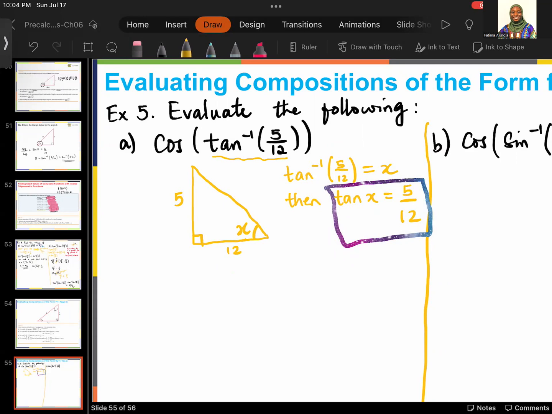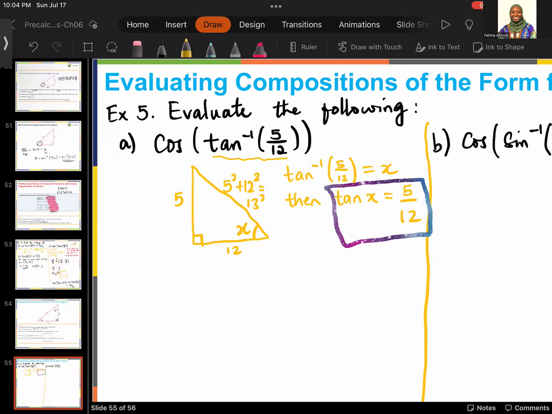And we can use our Pythagoras identity, opposite squared plus adjacent squared is hypotenuse squared. So this is 5 squared plus 12 squared. 5 squared is 25, 12 squared is 144. If you add that, that's 169, and that is 13 squared.